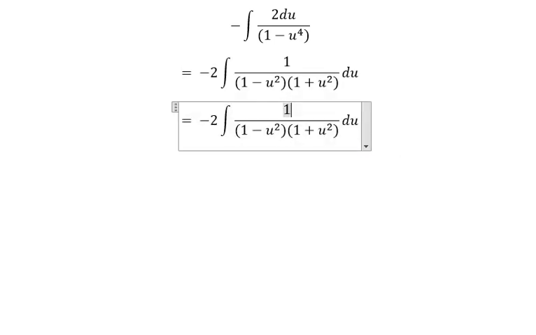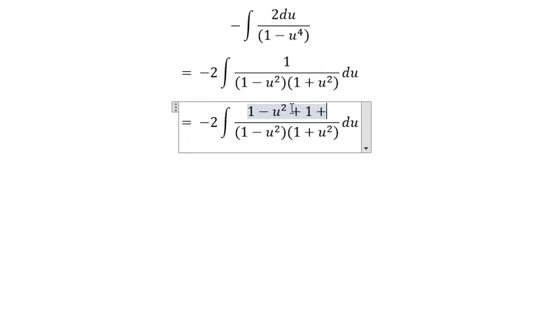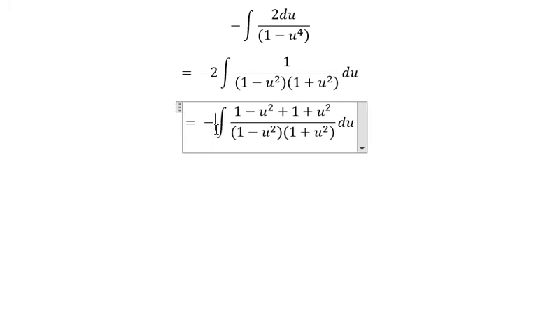On numerator we have 1 minus u squared plus 1 plus u squared, because negative u squared plus u squared, they will cancel together. 1 plus 1 is 2, so the outside of here we need to divide by 2, and that's number 1.